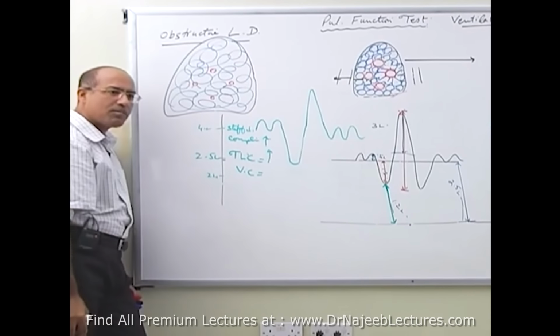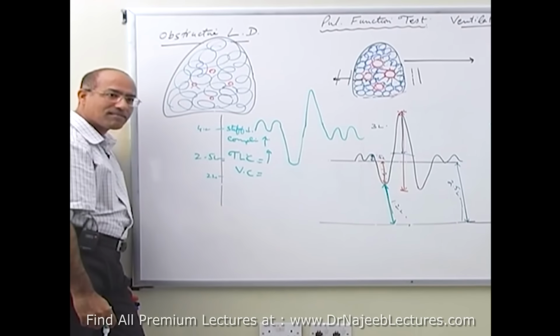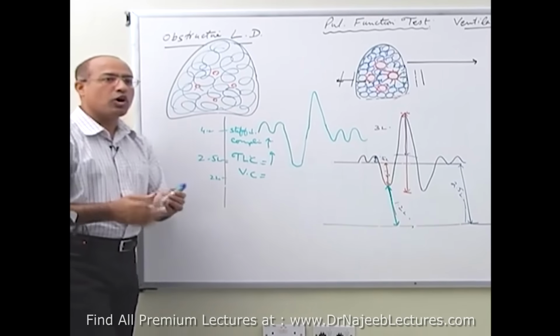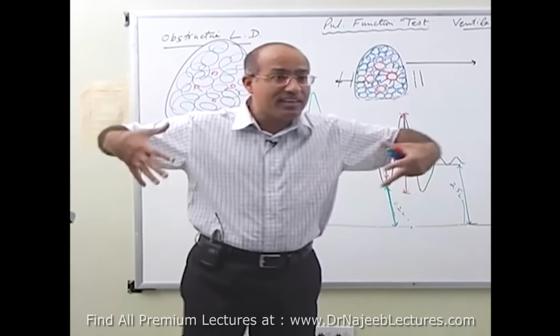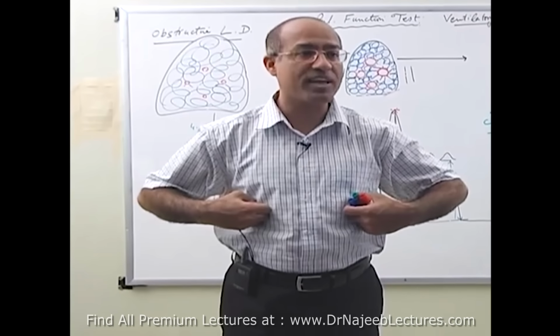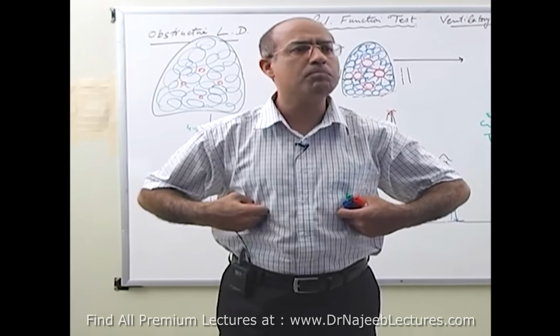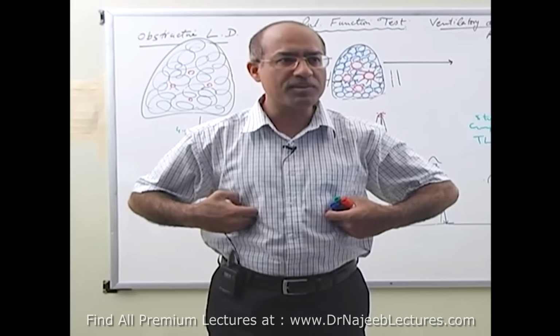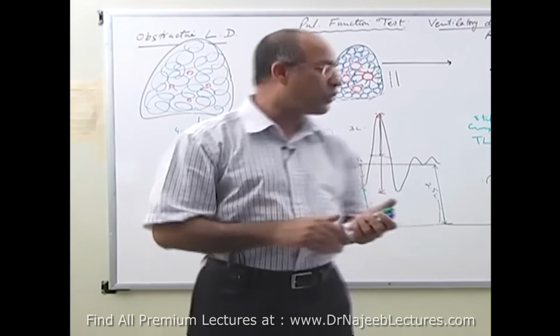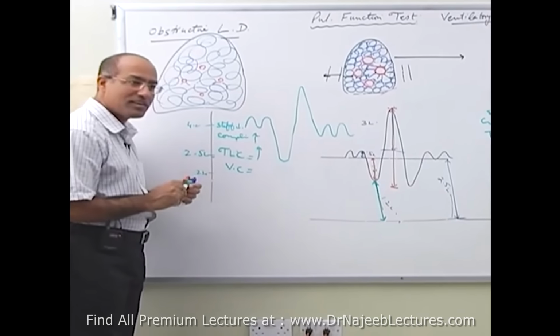Then vital capacity. Here, vital capacity means that even though apparently lungs are very large, can such a lung which has narrow airways bring big changes in its vital capacity? Can it take a lot of air in and out? No. So vital capacity here will be reduced.